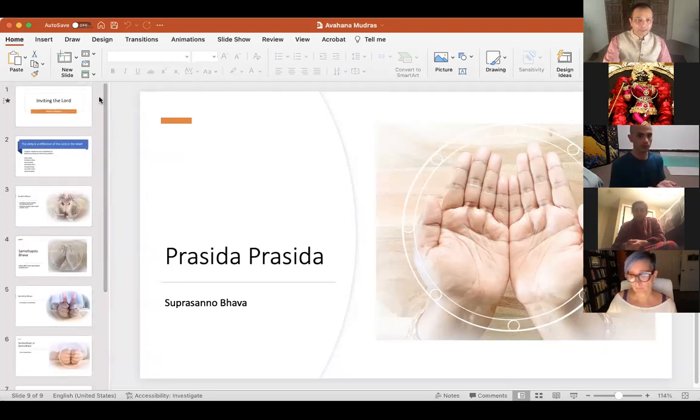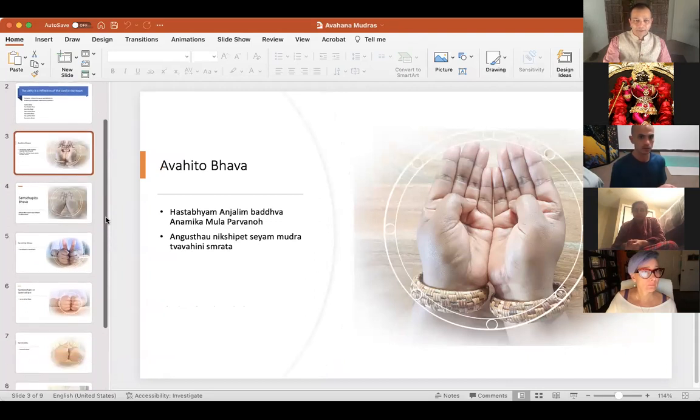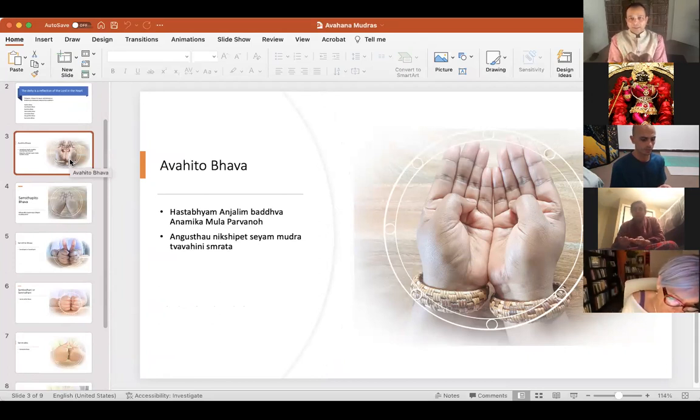All right, so let us revise this. First is called avahito bhava, touching the base of the ring finger, like I said. This is also equivalent to Vishahara mudra, which detoxes and cleanses the body and mind.